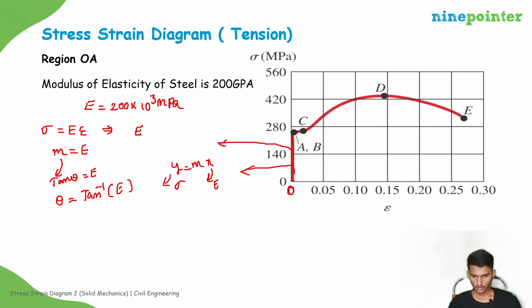As sigma is in megapascals and strain is unitless, we need to substitute the value of E in megapascals. So theta is equal to tan inverse of 2 lakhs. Let us find out the value of theta. Shift tan inverse of 2 lakhs.